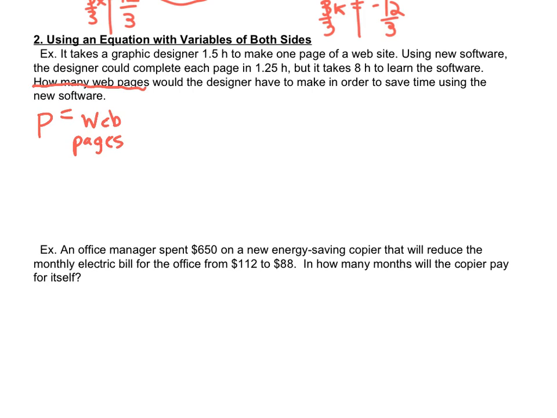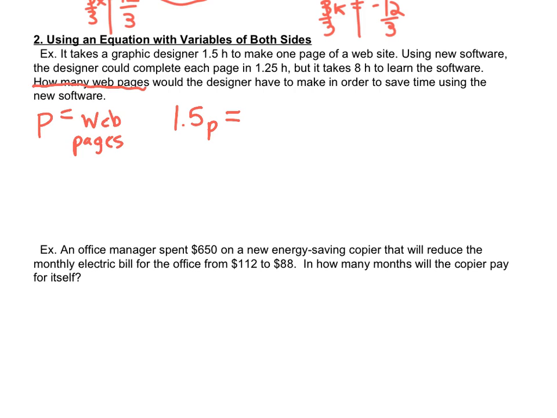So I'm going to have an expression on the left and an expression on the right. So if it takes them 1.5 hours to make one page with the old software, I would represent that with the expression 1.5 times p. And then set that equal to the new software, okay? So 1.5 hours per page times p pages.